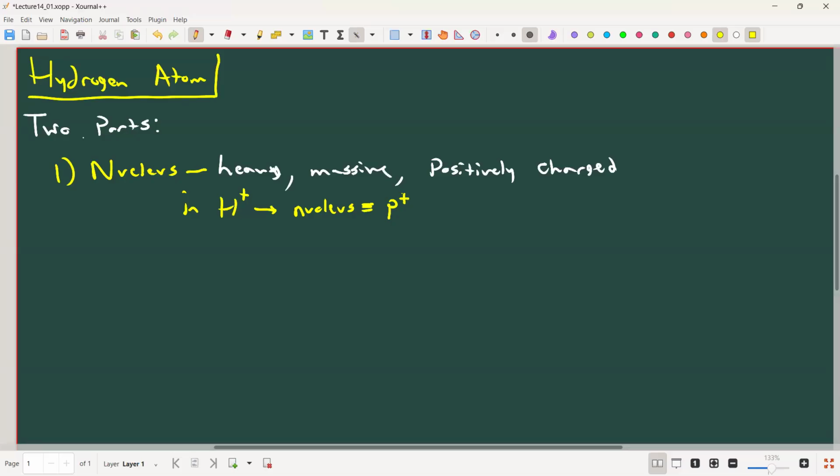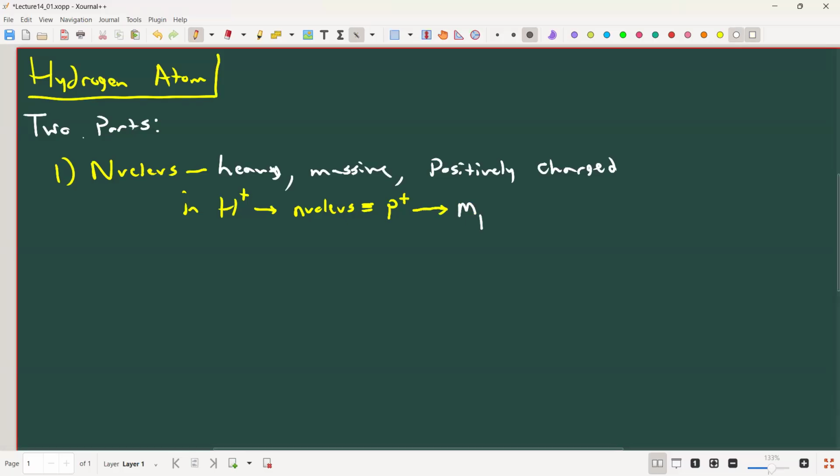It's a single particle with a positive charge. Unlike an electron, it actually has a shape, has a radius. The proton is an actual physical object, a ball of positive charge that has a size and a shape and a mass. And we can write the mass of that proton down. It's going to be useful to think about the mass of the proton.